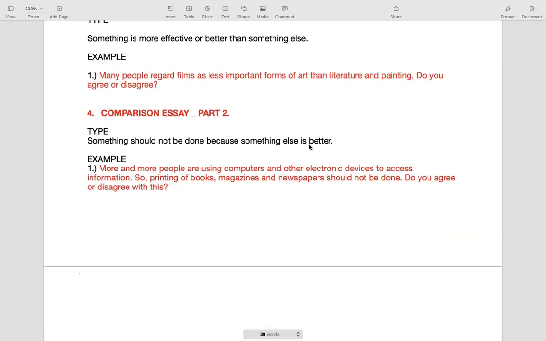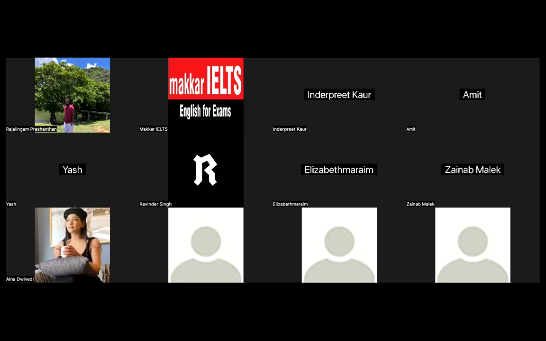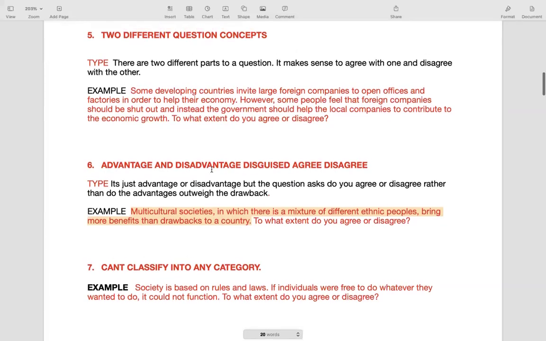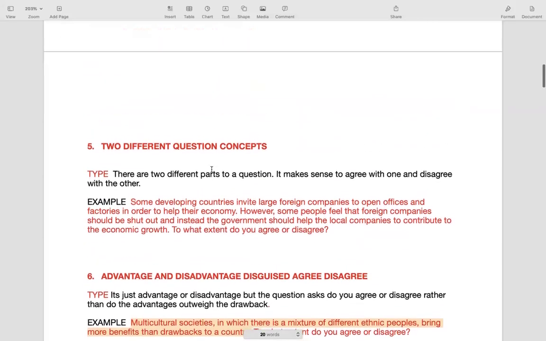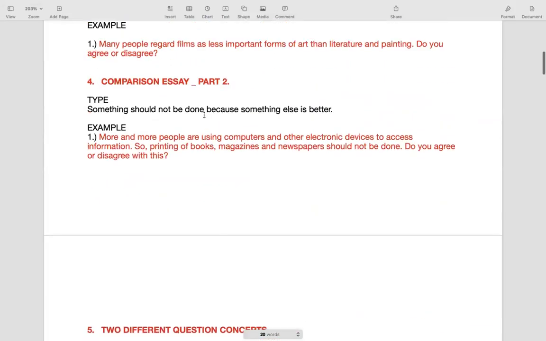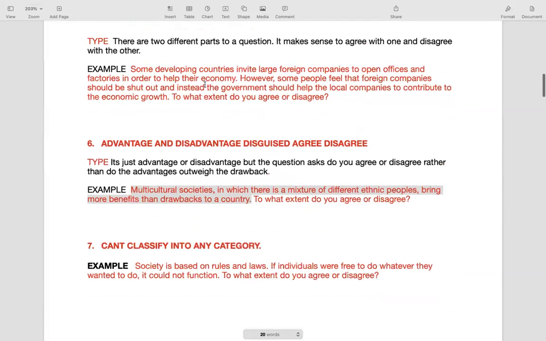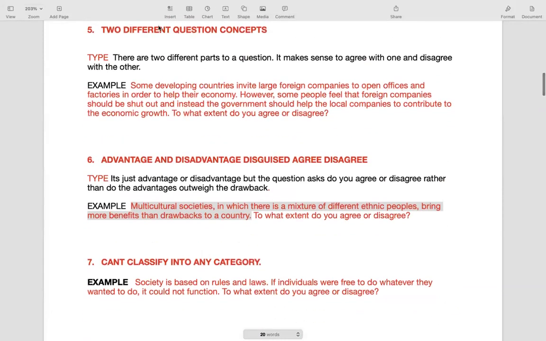Is it moving now or no? Yes, sir. Okay. It moved a bit. I still can't see the other parts though. Okay, wait, let me stop share and share again. Yes, sir, it's better now. Okay, everyone, is it better now? Others? Yes, sir.